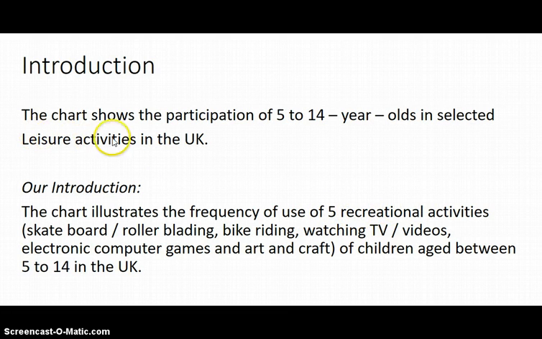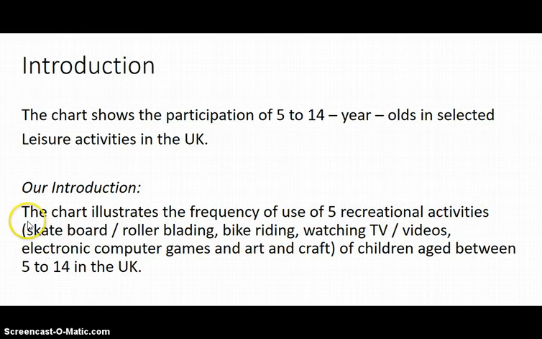Instead of using leisure activities, if you remember, we don't want to copy the words. Instead of using the word leisure, I have used a different word, the synonym recreational activities. Recreational is the adjective, the noun is recreation, and it has the same meaning as leisure. It means anything you do in your free time. So the chart illustrates the frequency of use of 5 recreational activities.